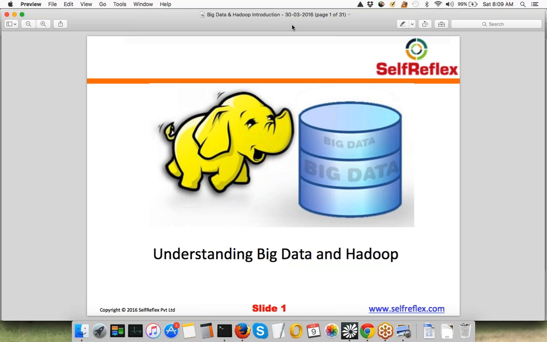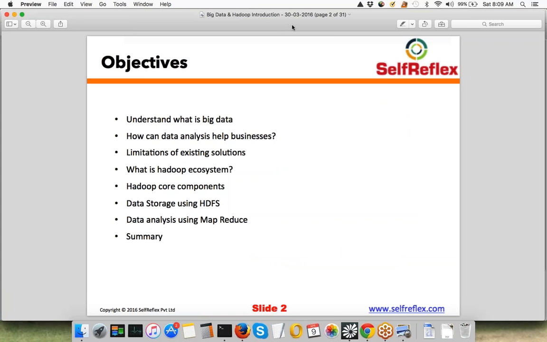Okay, so this slide deck is actually from the previous session itself. We had discussed what is big data, how can data analysis help businesses, where we talked about some of the use cases of Hadoop and big data technologies. Then we talked about what were the limitations of existing solutions and how Hadoop ecosystem helps solving those problems, and what are the Hadoop core components.